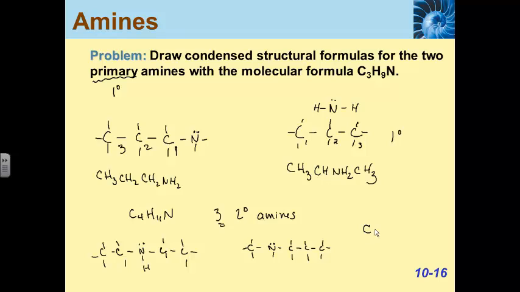What if we did something like that and just changed the order in which the carbons bond? I could still draw a structure that's just a branched chain for the carbon. 1, 2, 3, 4 carbons.